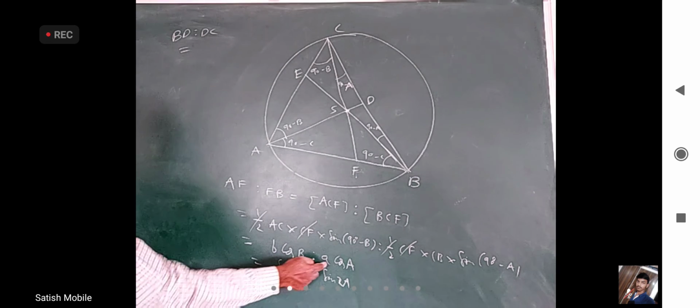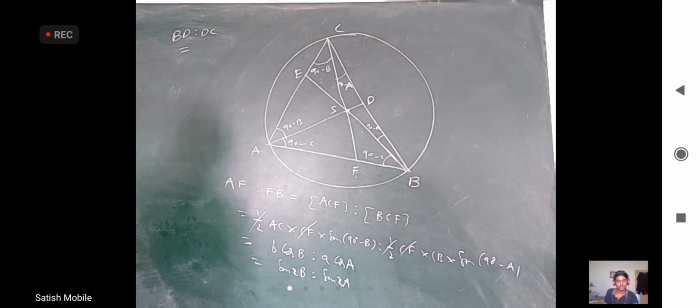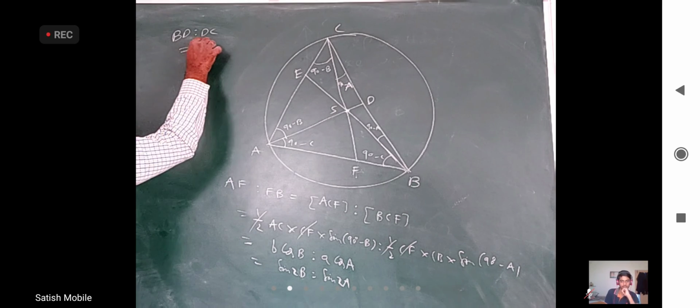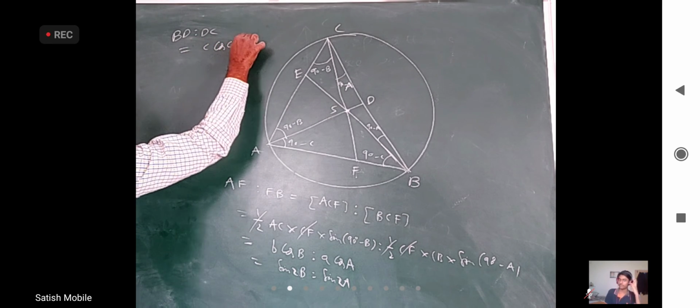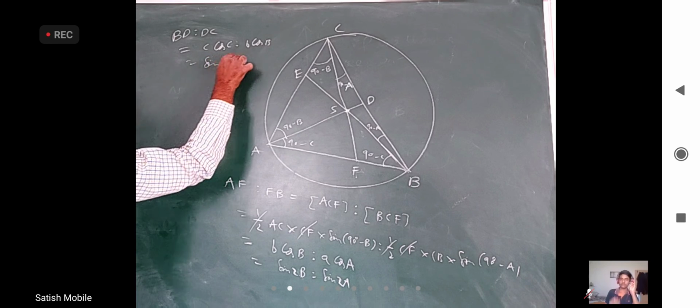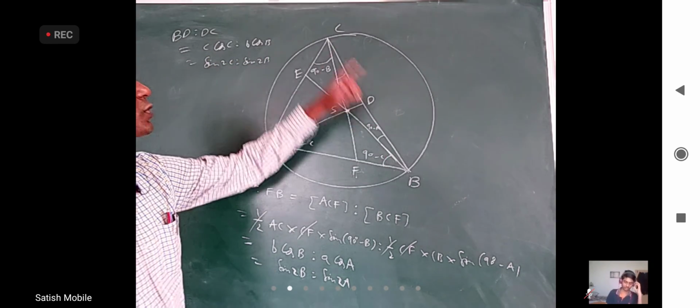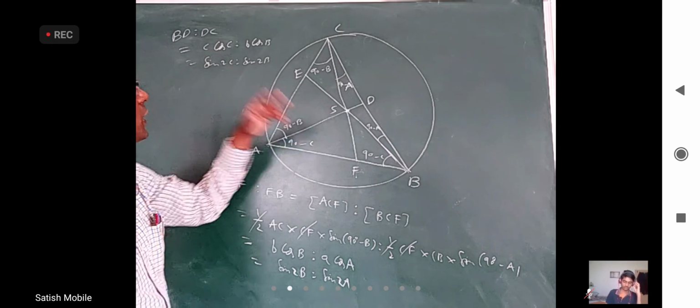Quite similar to this or quite similar to this. Yeah. C cos C is to B cos B or sin 2C is to sin 2B. This is proportional to C and this is proportional to B, like that.